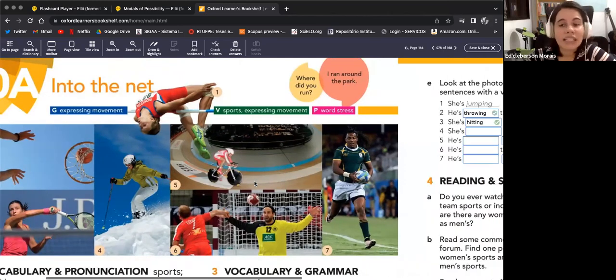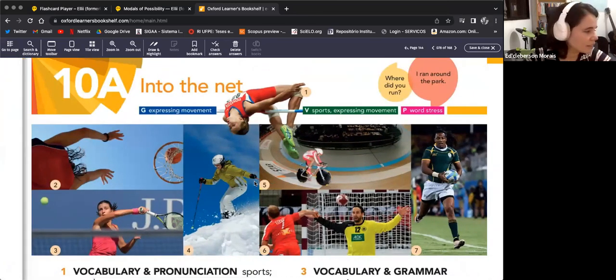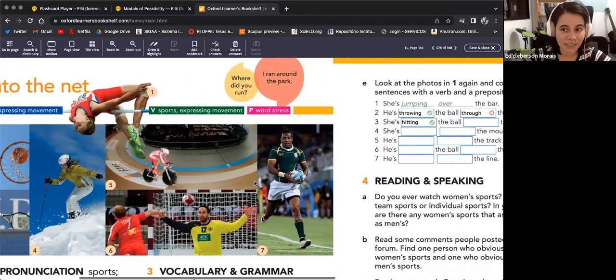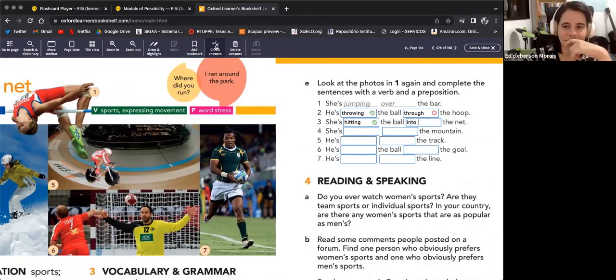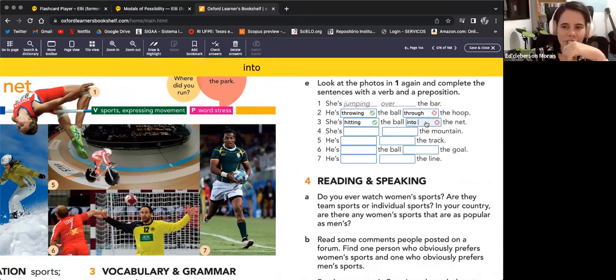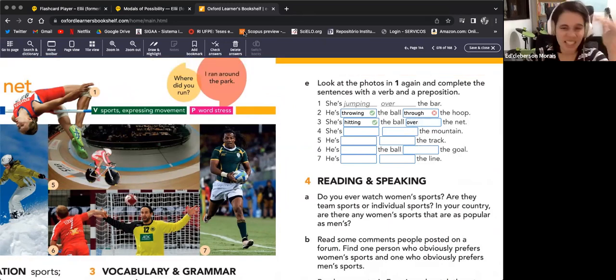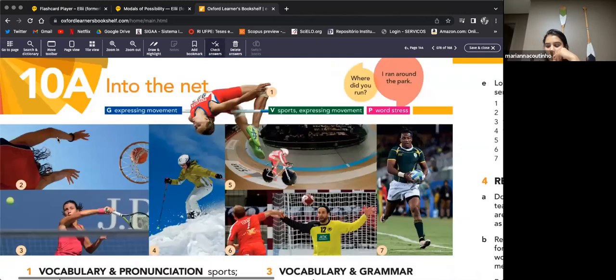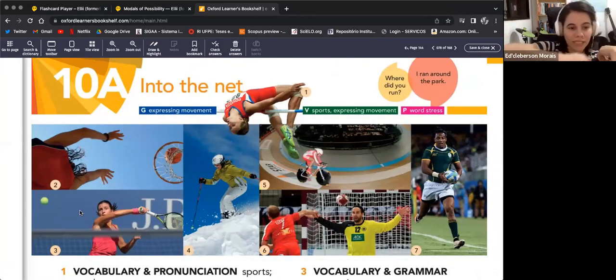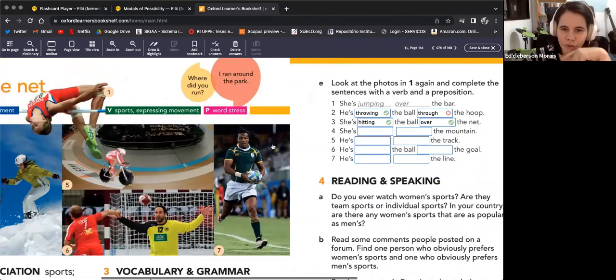What do you think? The net. Into? You sure? Not into. Can be over. Acima. Yeah. Okay? So it is over the net. Okay? Over the net. 4.